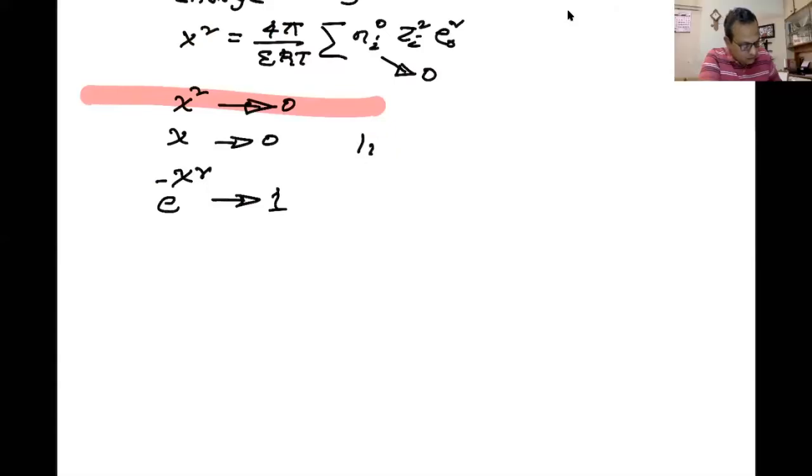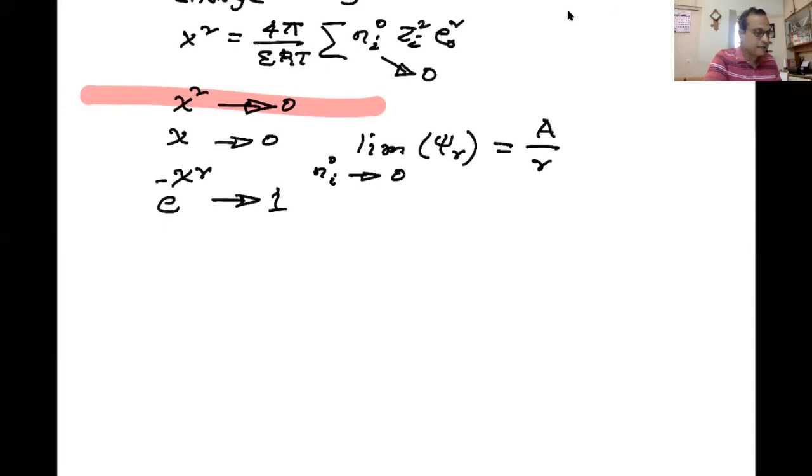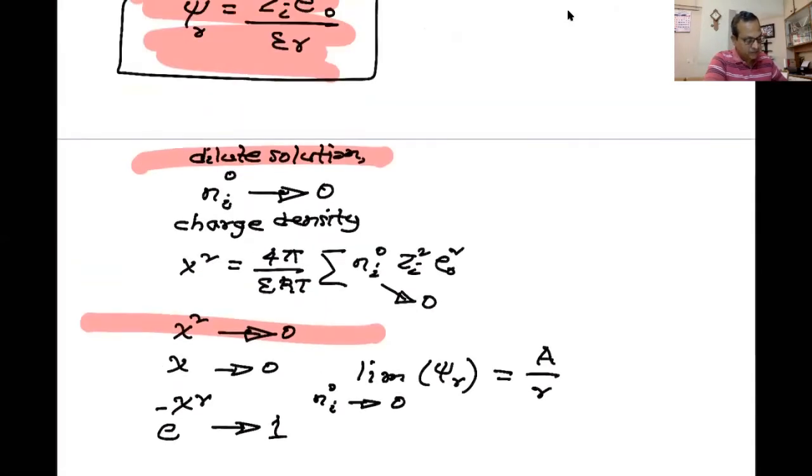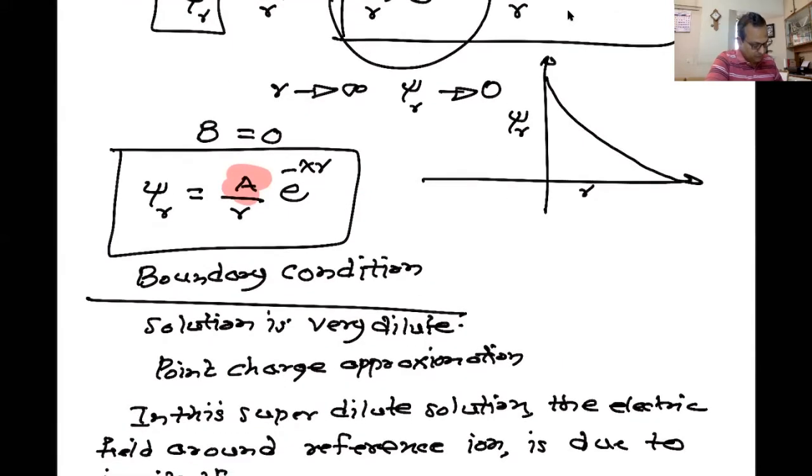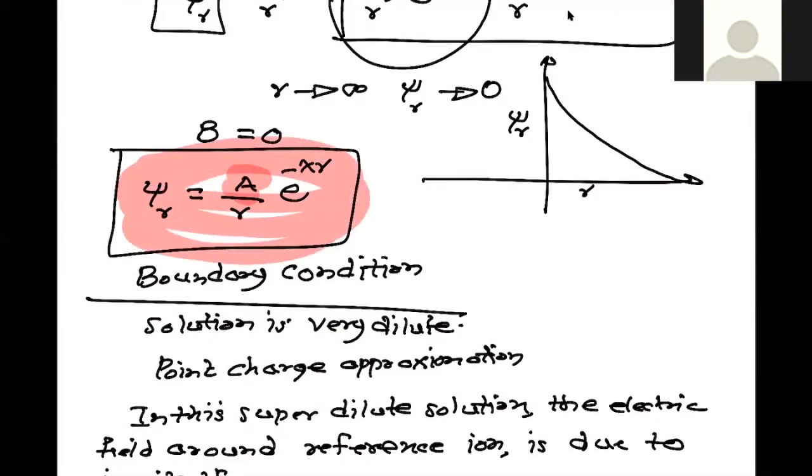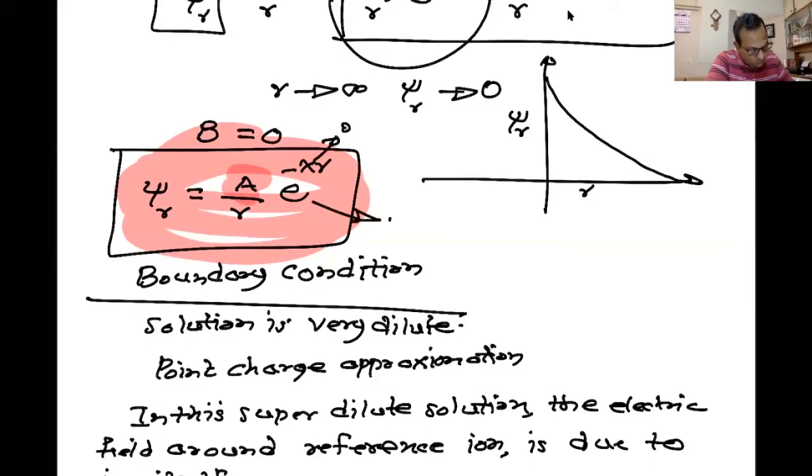So at the limit ni0 tends to 0, my psi r is going to be a upon r. Agree? Because, go back and see, our equation was this one. Since this tends to 0 and this tends to 1, my psi r is going to be a by r.